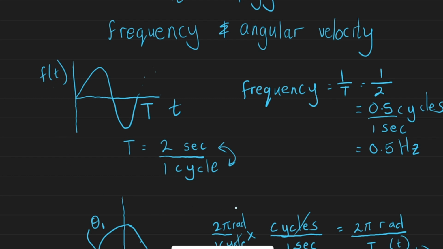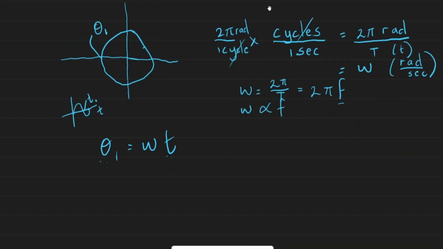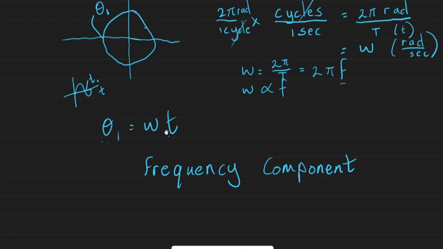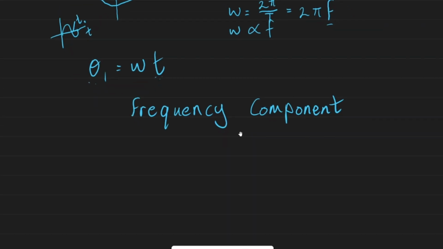When we speak about a frequency component, which is another term that may be used in a lot of books but not explicitly defined, we're speaking about a certain function, whatever it may be, being broken up into a sum of many different signals.